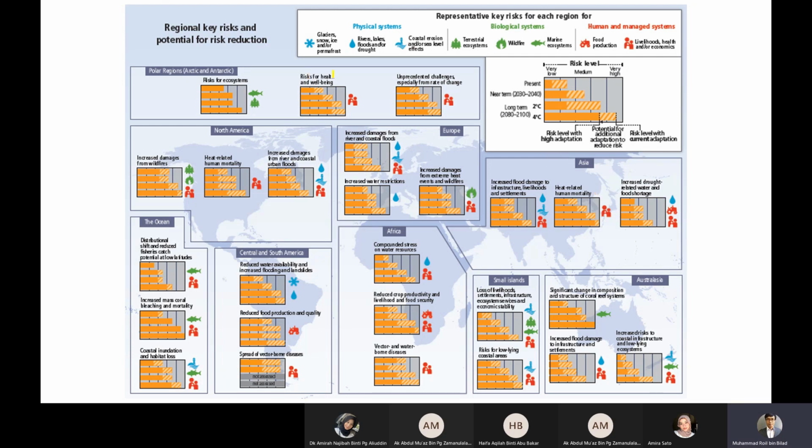How can we see? Okay, we look into the legend. We have three types of risk: physical system, biological system, and human managed system.